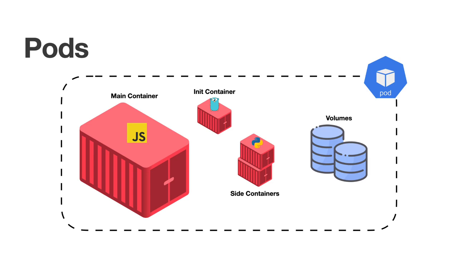The way that these containers communicate to each other within a pod is using localhost and whatever port that they expose. The pod itself has a unique IP address, which means that if another pod wants to talk to this pod, it uses the unique IP address.